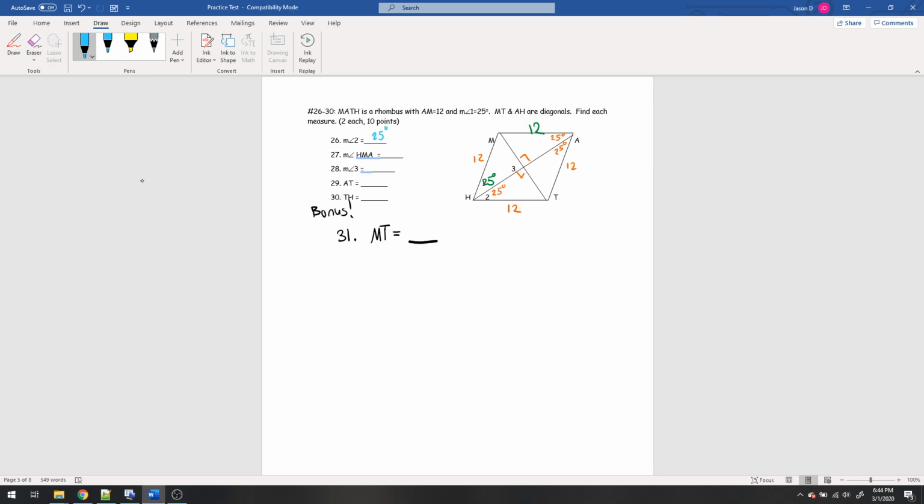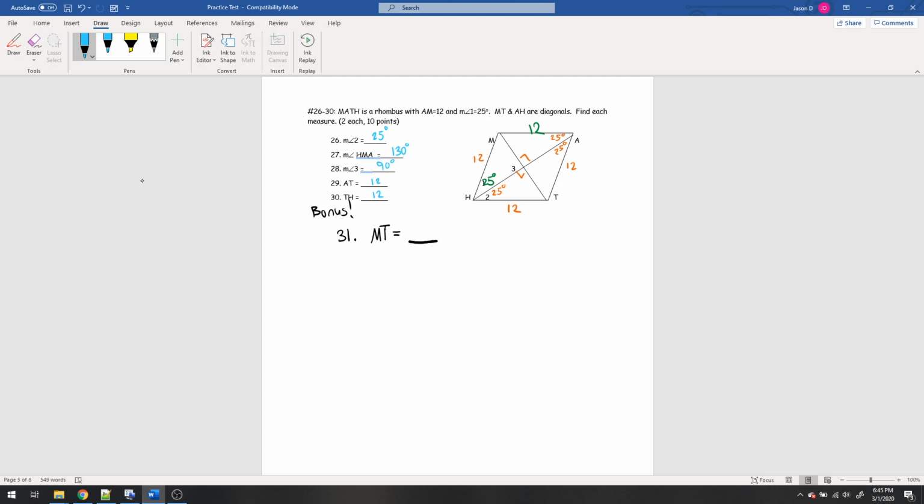The measure of angle HMA has to be supplementary to the 50 degrees that vertex angle H is, and supplementary to 50 degrees is 130 degrees. The measure of angle 3 is going to be 90 degrees because all those are right angles at the center. AT we just filled in as 12, and so is TH.